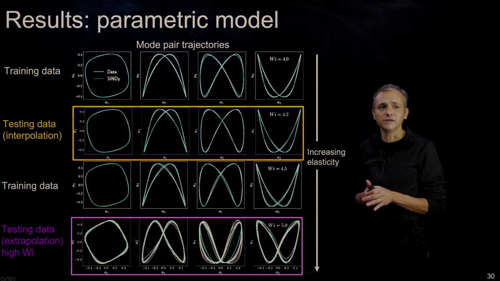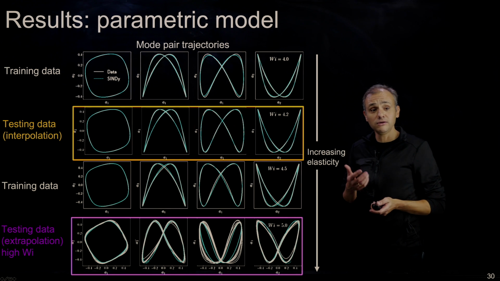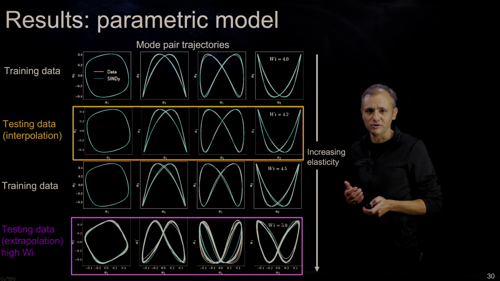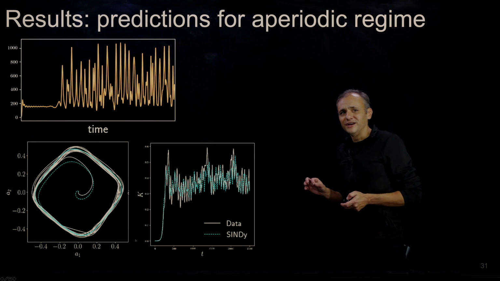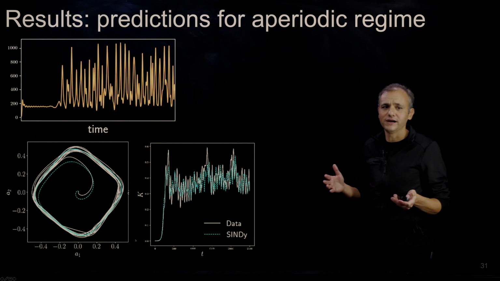And then you can see, increasing the elasticity, you can apply the reduced order model, and you capture a good agreement when you compare the data and the response of the SINDy model. We also applied it to a higher Weissenberg number.